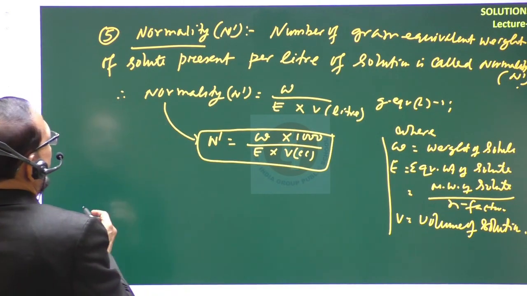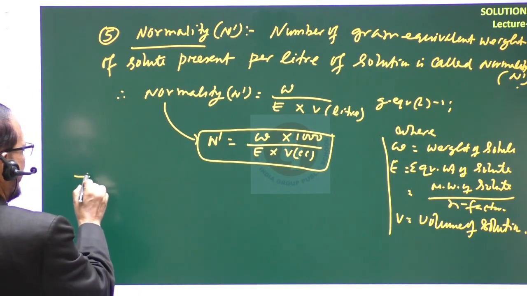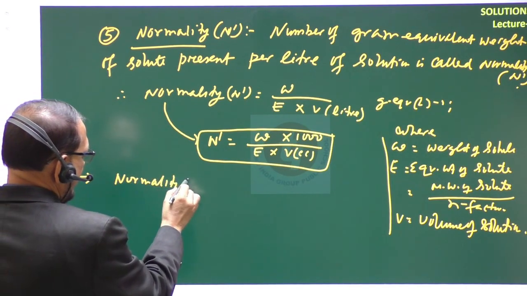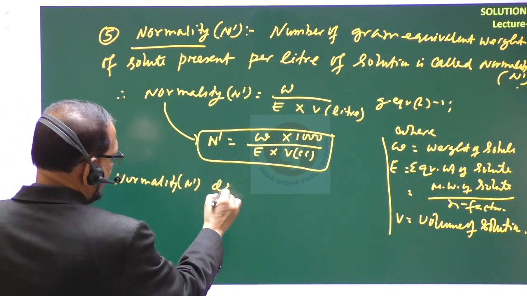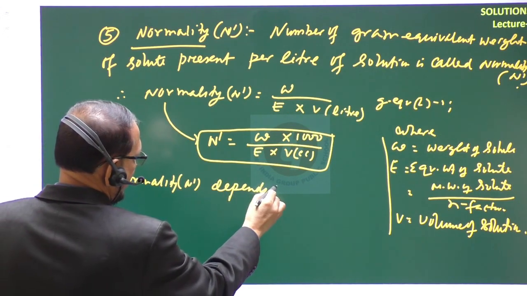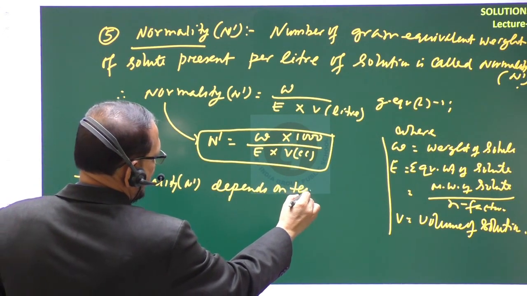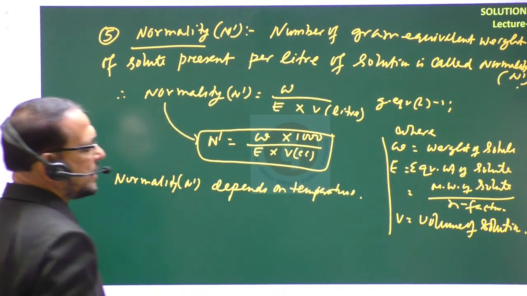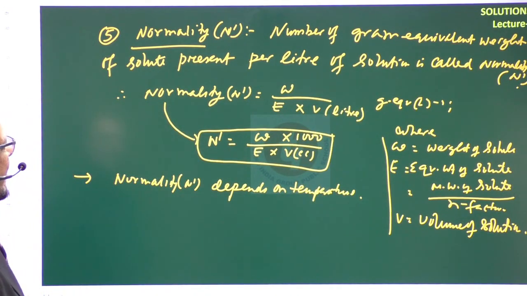Normality also depends on temperature, or changes with temperature, because it depends on volume, which changes with temperature. Clear?